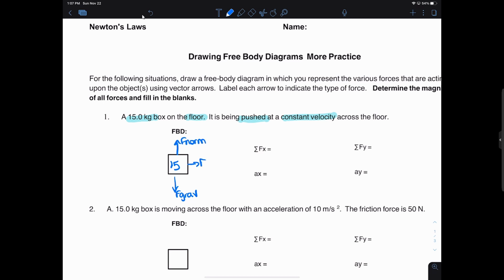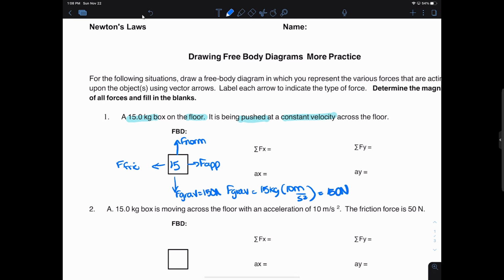We've got an F applied. We've got an F friction. We know that the force of gravity is equal to 15 times 10, and that's 150 newtons.